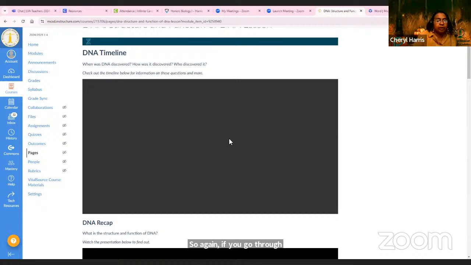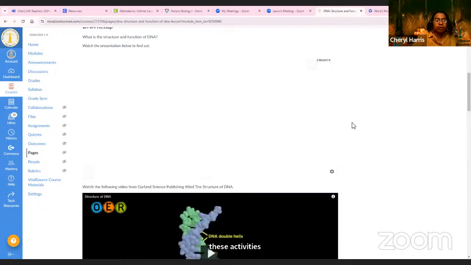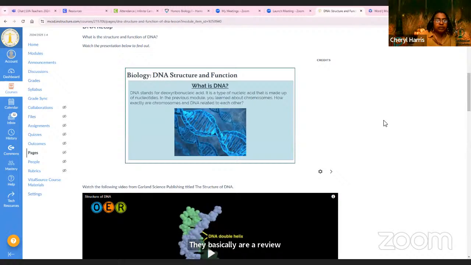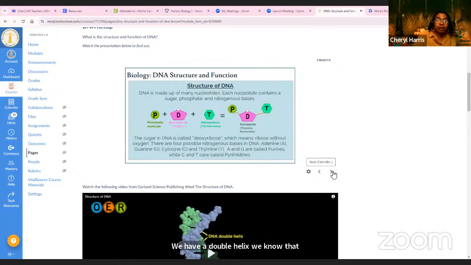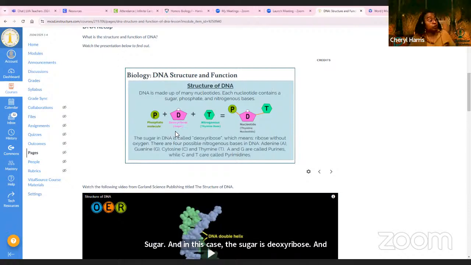So again, if you go through these activities, they basically are a review of what we just did in the Nearpod. Okay, so we have a double helix. We know that they make up the chromosomes. We have what the DNA structure is. It's the sugar, and in this case, the sugar is deoxyribose, and deoxy because it's missing an oxygen, as opposed to ribose sugar, which we're going to have in RNA.